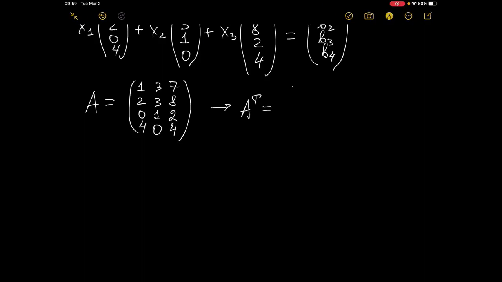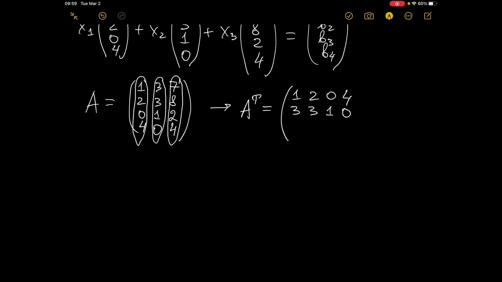So the first column becomes the first row, the second column becomes the second row, and the third column becomes the third row. Now we can use elementary row operations to bring this matrix to the row echelon form.